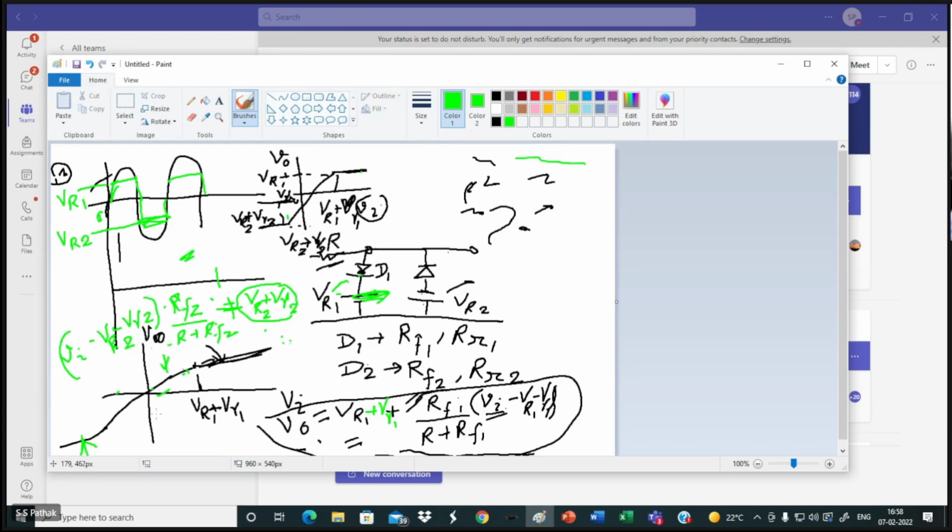This slope will be, this is my Vi. Okay. Reverse biased, your R is there. So it is Vi. Can't proceed. You can't see that. Yeah. Vi is there.